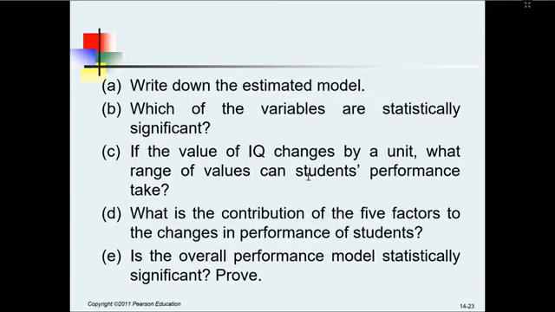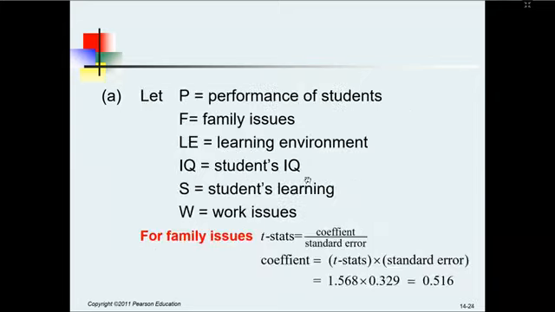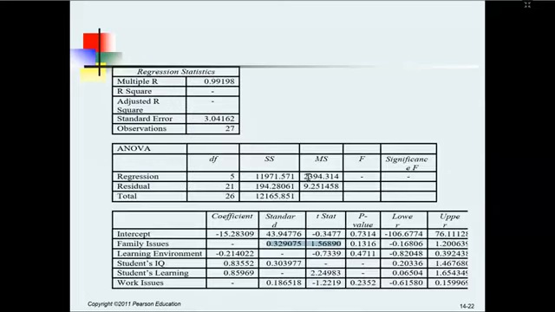Which of the variables are statistically significant? So let's work with the table. We'll look for it on the T stat. If you forget, please take your pen and write.